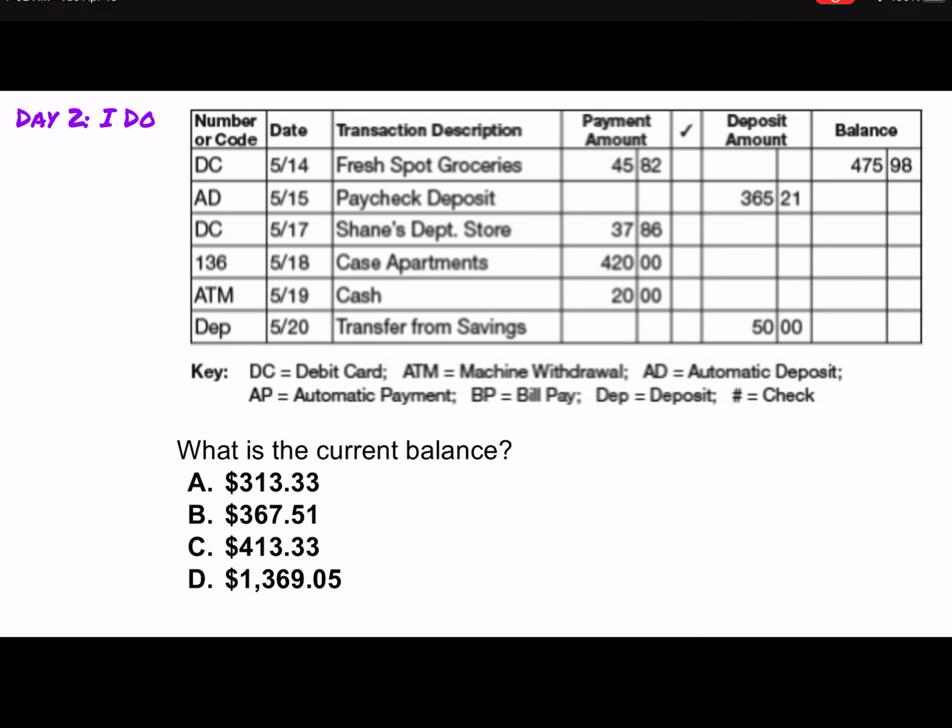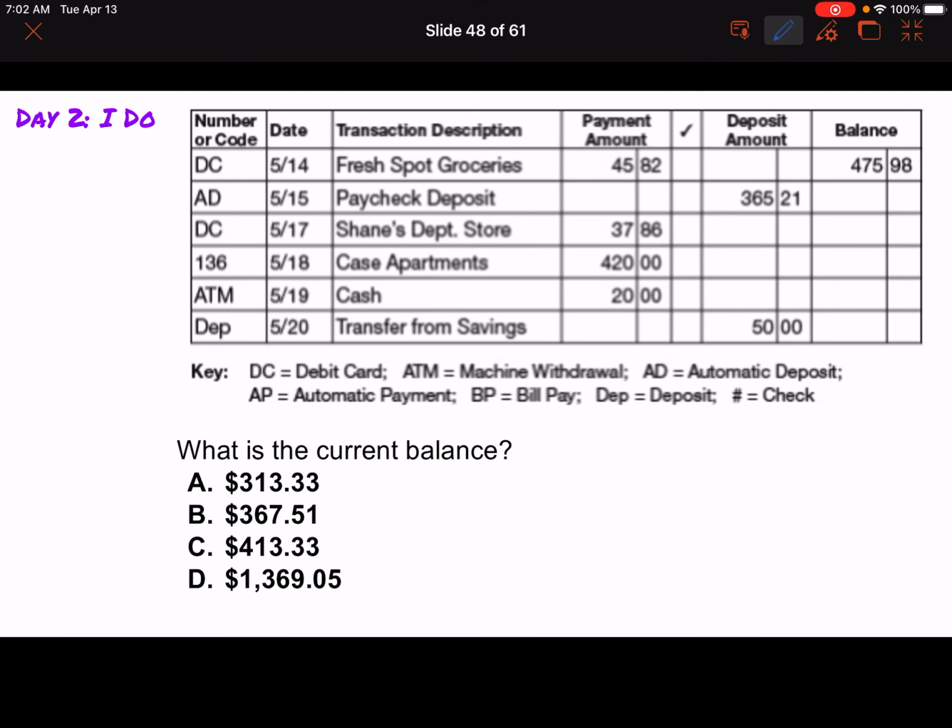All right, the last question that we'll be doing together. What is the current balance? So this check register looks a little different. We have a number or a code on the far left, and there's a little legend right here.